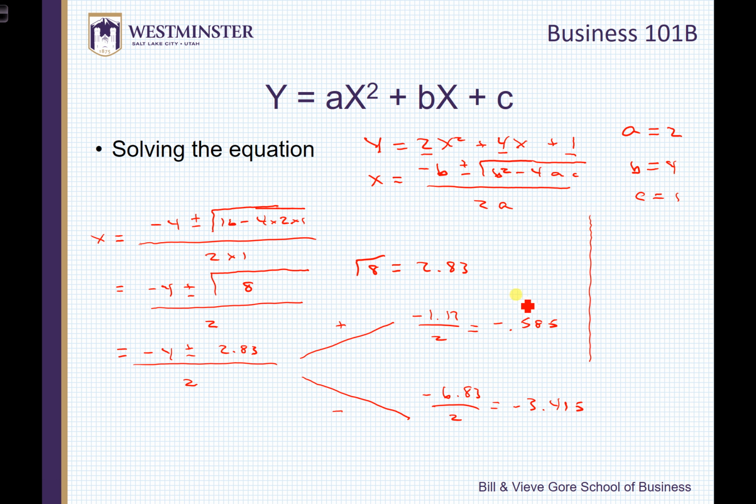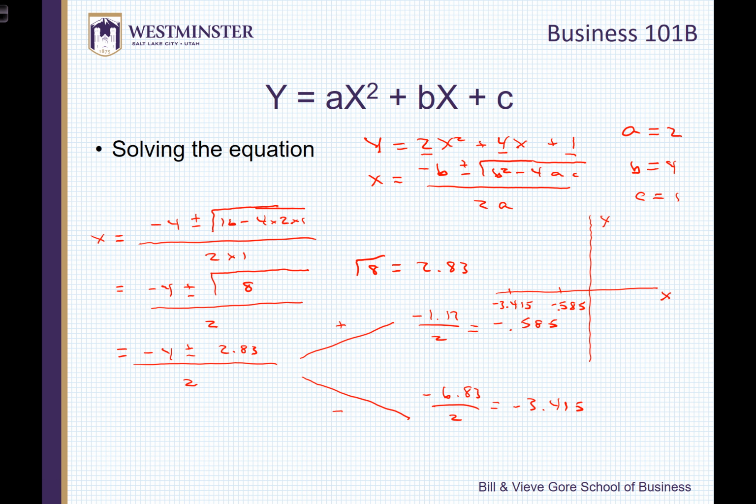If we think about our Cartesian coordinate, we know that x and y, I've got 2 points along this, a point here at -3.415 and another point here at -0.585.